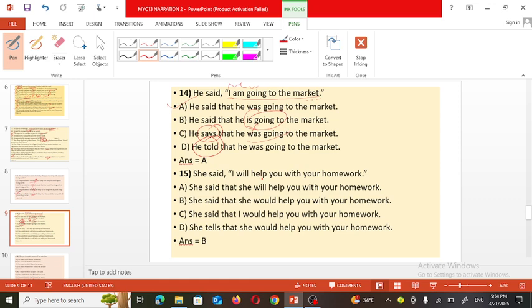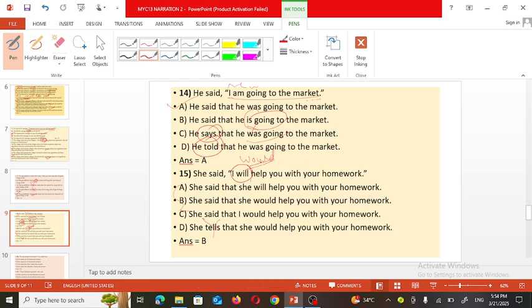"She said, I will help you with your homework." So she assured or she said, that is correct. So these three options we need to consider. "Tells" won't be there. Now, instead of "will," "would" will be there. This rule we have already learned in our first PPT.